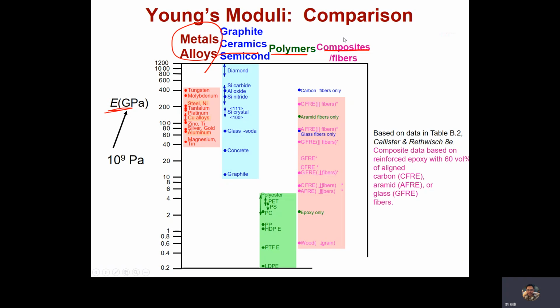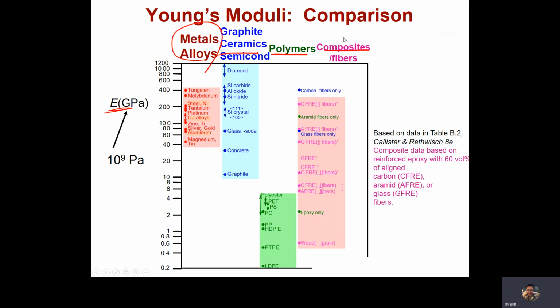So we can select the different Young's modulus corresponding to our applications, right? For example, if we need high hardness for surface coating or surface strengthening applications, we can select the ceramics, because their Young's modulus is the highest one.